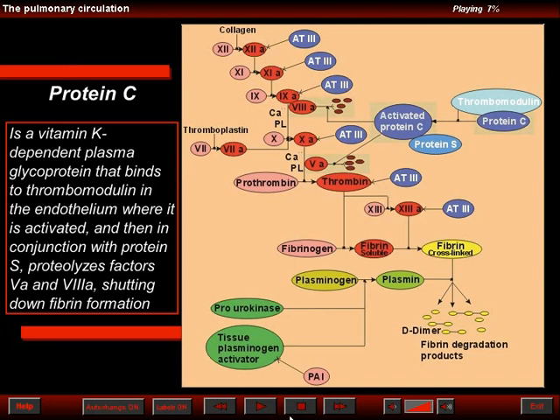Protein C is a vitamin K dependent plasma glycoprotein that binds to thrombomodulin in the endothelium, where it is activated, and then in conjunction with protein S, proteolyzes activated factors 5 and 8, shutting down fibrin formation.